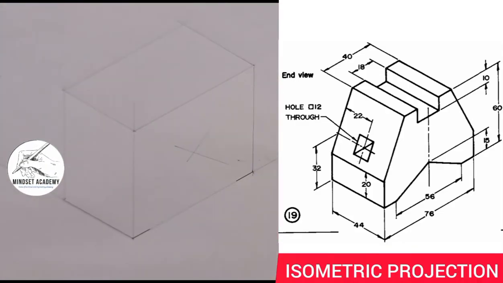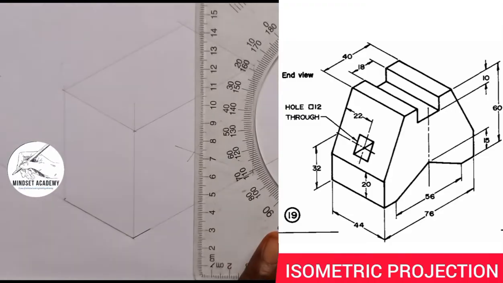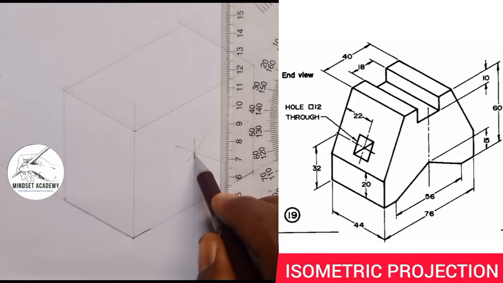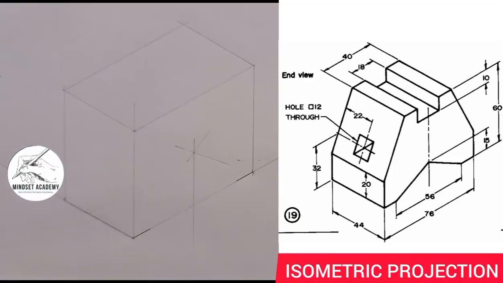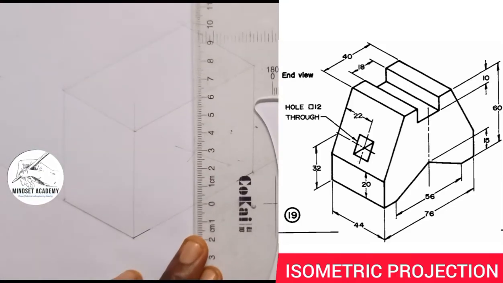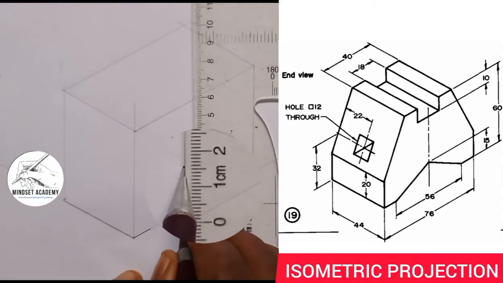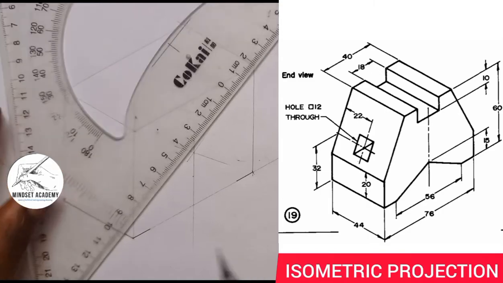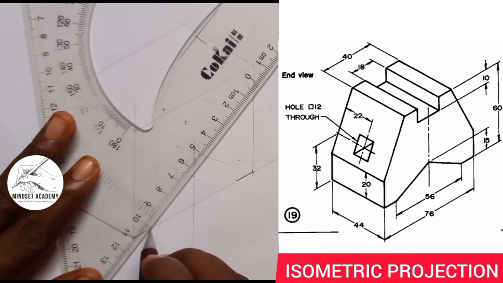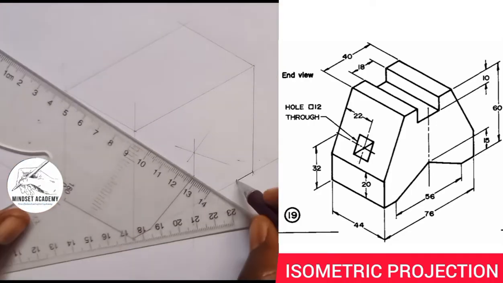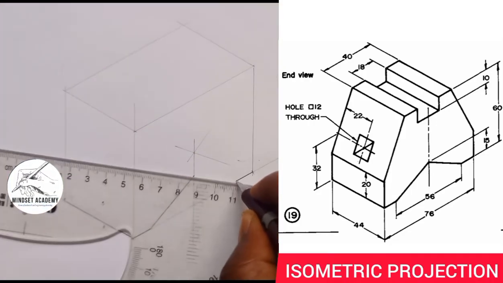Then I'll draw my vertical line upward this way and measure 15 vertically from this point, so 0 to 15 is here. Then I'll take my meter rule and connect from this point to this 15 point here, and connect from this point to this 15 point here.